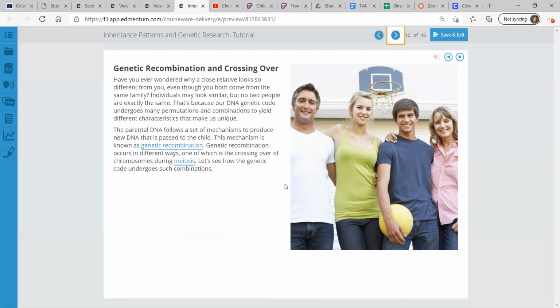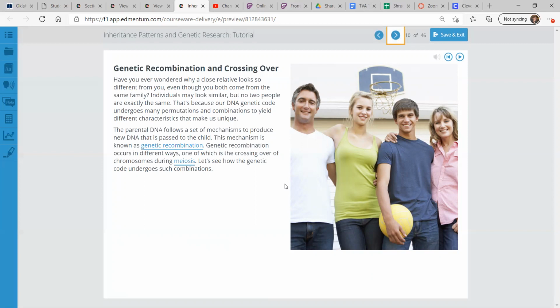The parental DNA follows a set of mechanisms to produce new DNA that is passed to the child. This mechanism is known as genetic recombination, and that occurs in different ways, one of which is the crossing over of chromosomes during meiosis.